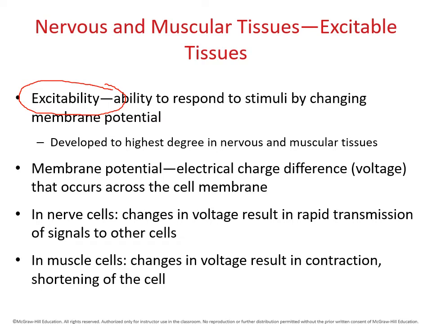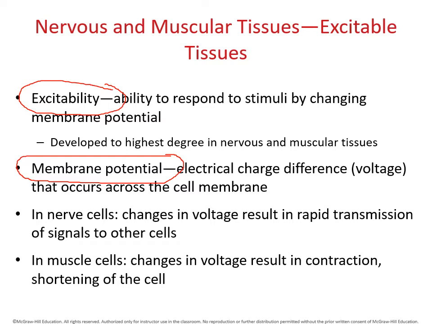And this is all due to the fact that the cell membrane has a membrane potential, which means it's able to generate an electrical charge that will vary internally and externally from the cell. And depending on the stimulus that's received, it will once again give a response by generating a membrane potential.